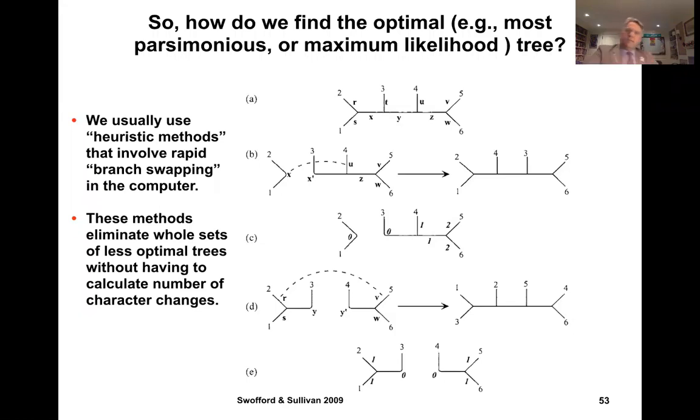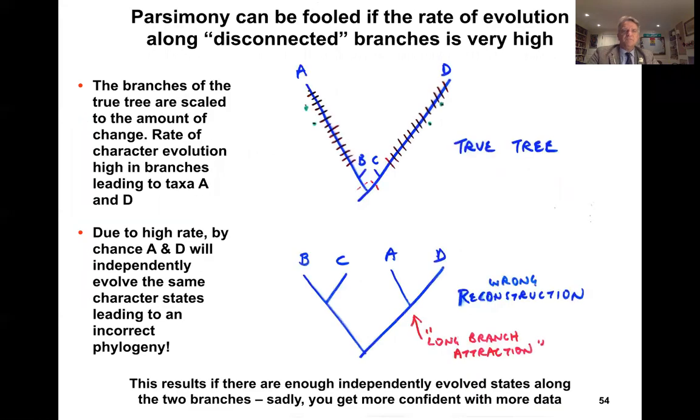By eliminating all those trees, we can take what is an incredibly large problem with regard to the number of phylogenies that have to be evaluated and distill it down to a much more manageable number of trees.